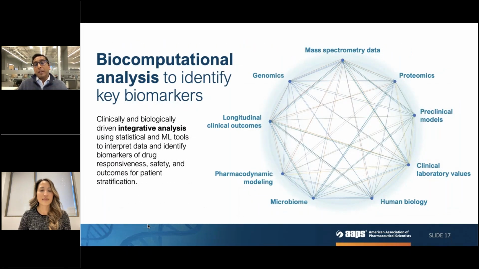Now, the generation of data is really only one component of this, and one lesson that we've learned over the last several years has been that data has to be integrated in a meaningful fashion in order to allow for discovery.